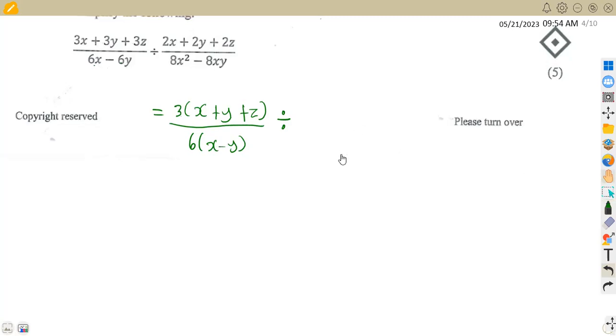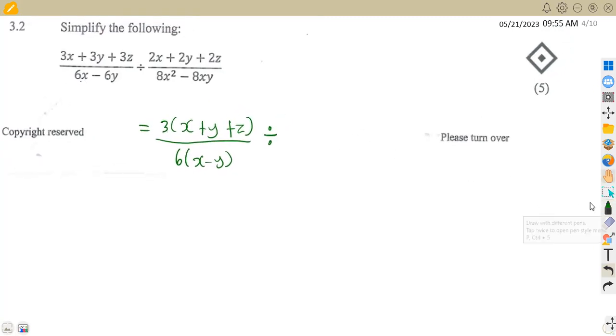So on the other part, let's check, do we have anything that is common? Yes, 2 here is common throughout, so you can factor out 2. That is 2 and 2, we remain with x. 2y and 2, we remain with positive y, positive z, like that. Then we check in the denominator here, 8 is also common, so you've got 8, but also take note, x is also common. There you have got x squared, here we've got x.